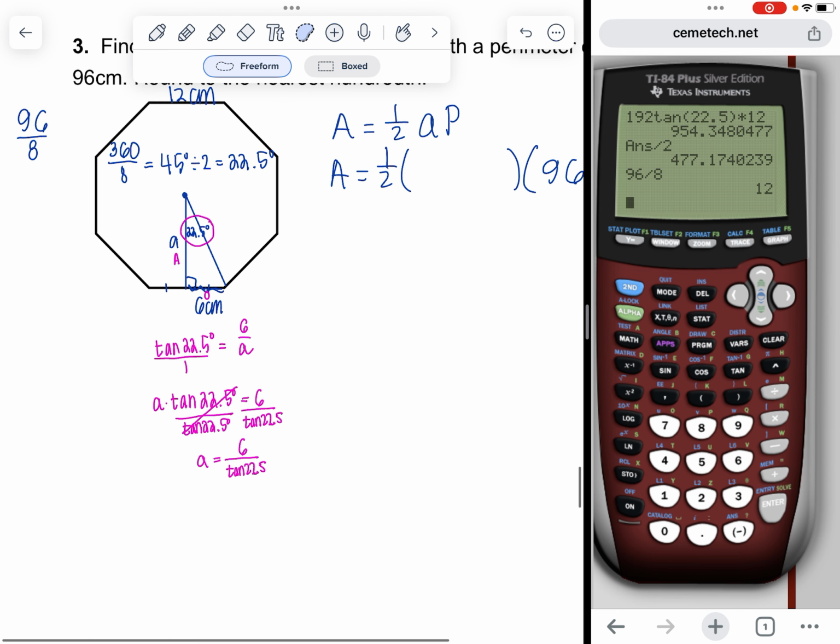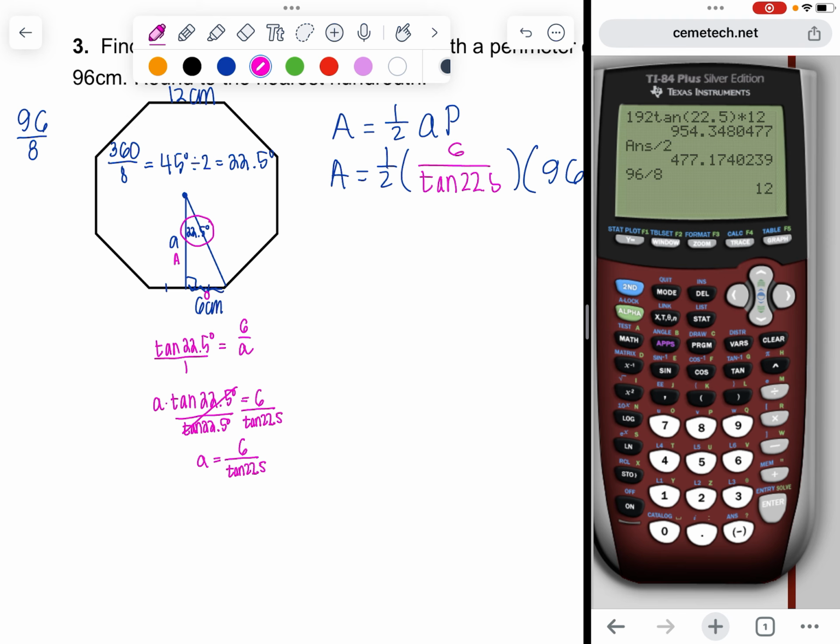And now I'm going to replace apothem in my equation with 6 over tangent of 22.5. Notice this is less work because I just had to find the apothem, not the perimeter. And now I'm going to type this into my calculator. So I'm going to start with parentheses, 6 divided by tangent of 22.5, close the parentheses, times 96.